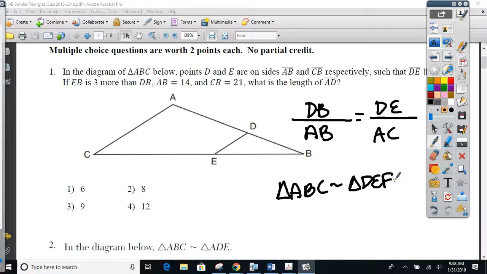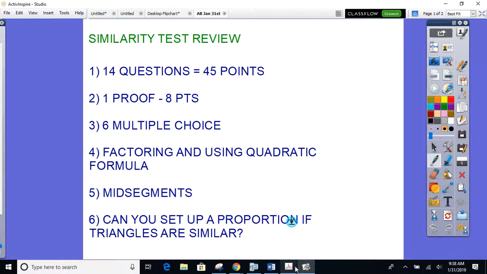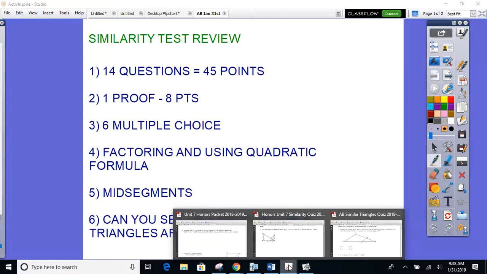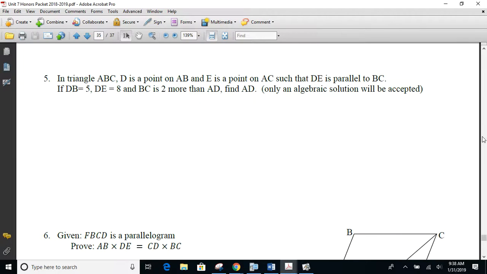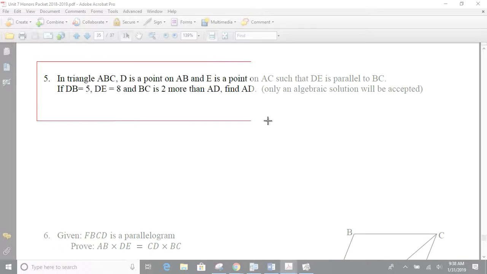We're all good there. Okay, let's do a little factoring, quadratic formula. Let's go to your packet, and let's hit up number 5 right now. After this, we'll go to a proof.